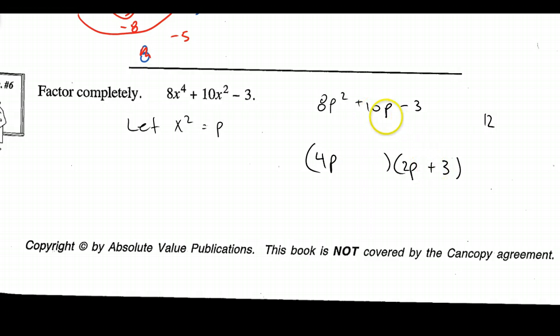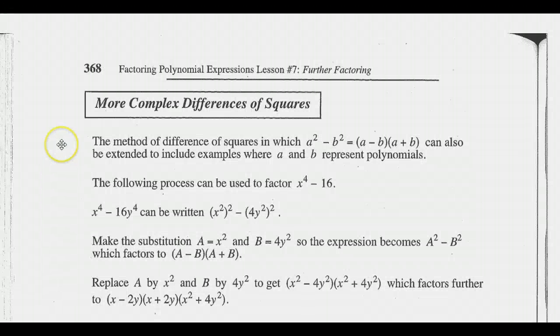And I need to get to 10, so it's going to be minus 1 over here. And minus 1 times 3 does give me negative 3. Do my smiley face, 12 and negative 2 gets me to 10. Okay, and then finally substitute back the x squared here.